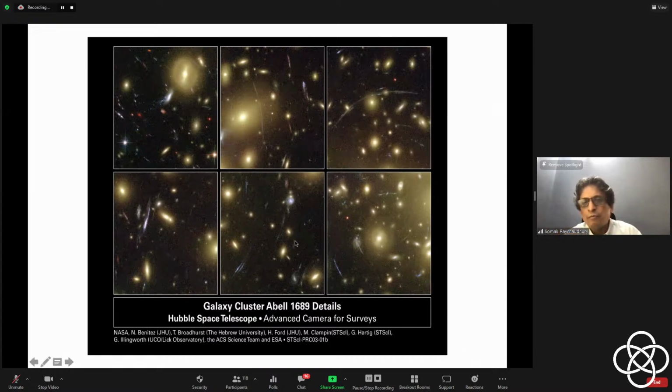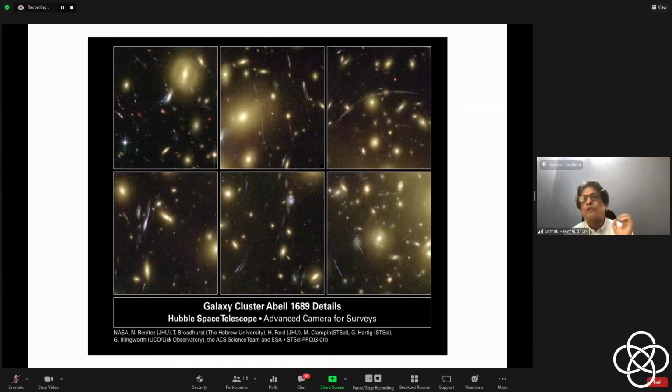All of these are from one single image of Abell 1689, which is a rich cluster of galaxies at a redshift of 0.2 or so, from a very deep Hubble Space Telescope image from the ACS. So this is a wonderful field in itself.